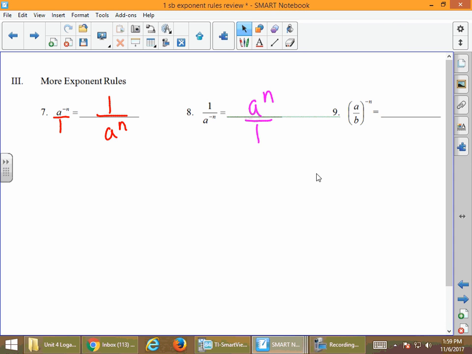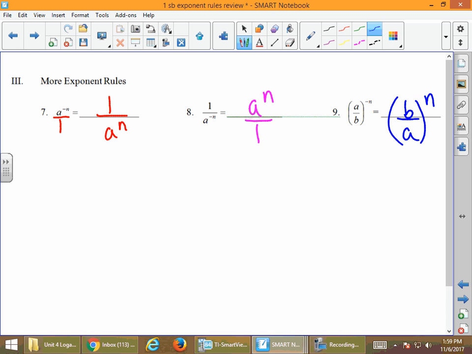And over here, with respect to the fraction, a to the negative n over b to the negative n, we can flip this. So b and a change places. We flipped it, and then we change the sign on the exponent. Notice, I did not turn anything into a negative number or a negative variable.